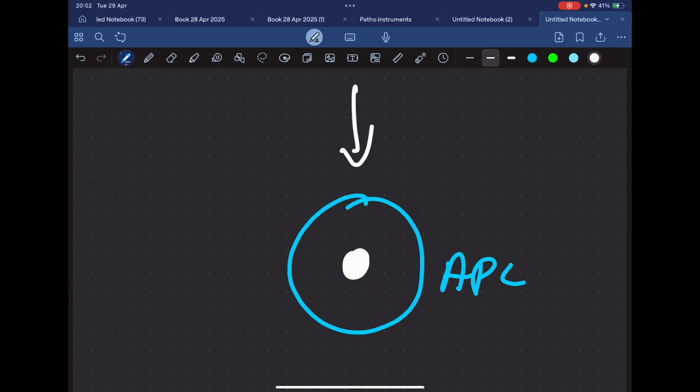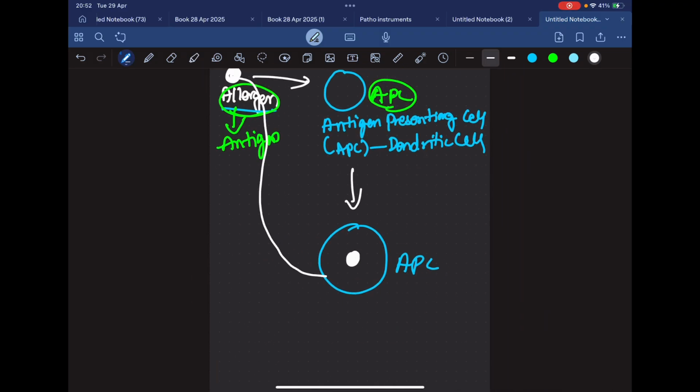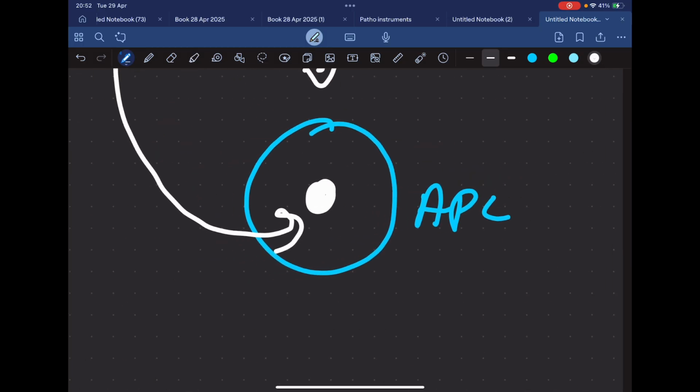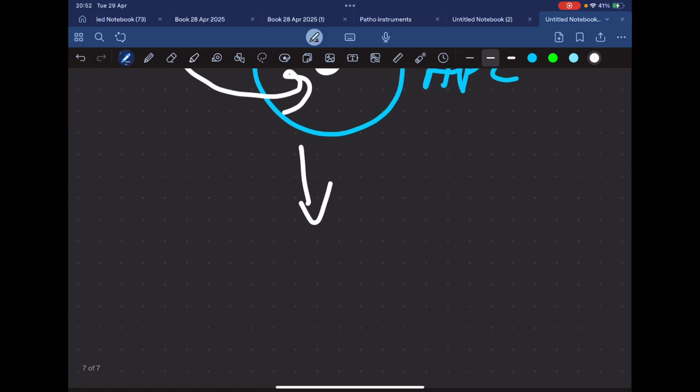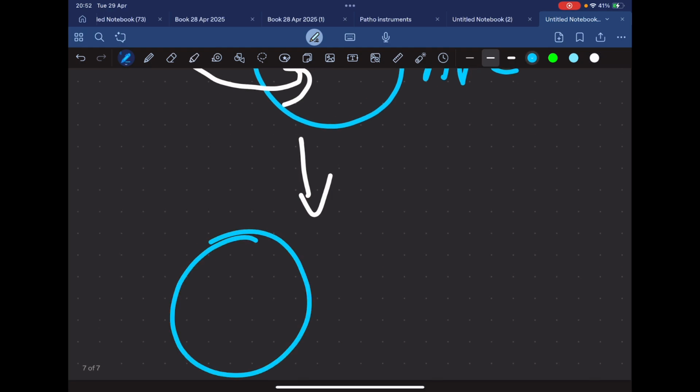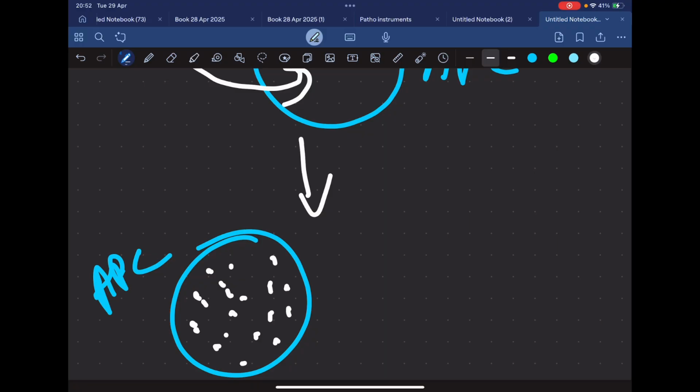Once the antigen presenting cell has engulfed the allergen, in the next step it degrades the allergen or antigen into multiple pieces.